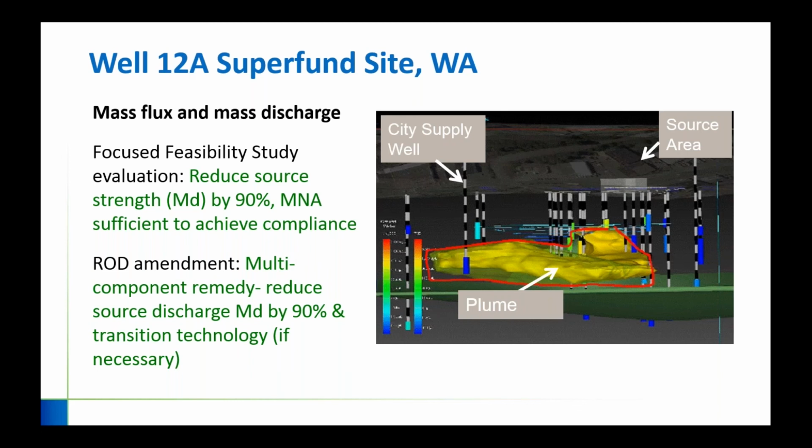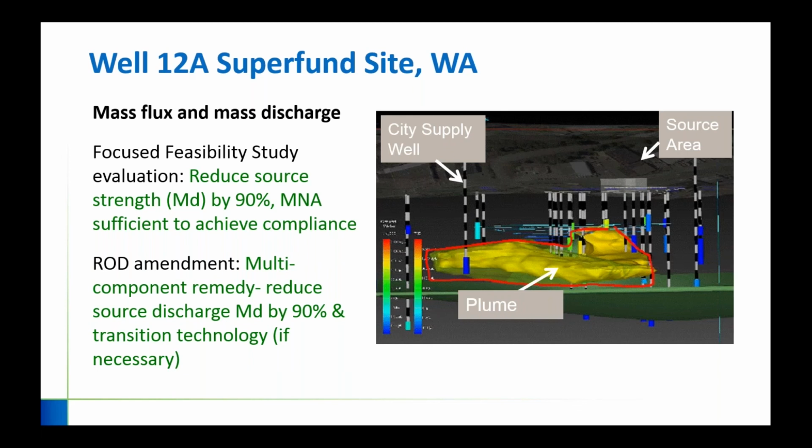It's one that my firm has been working on for EPA and for the Army Corps of Engineers for close to a decade now. If the name is familiar to any of you, it was the first site in the US where a mass flux, mass discharge performance metric was in the record of decision.